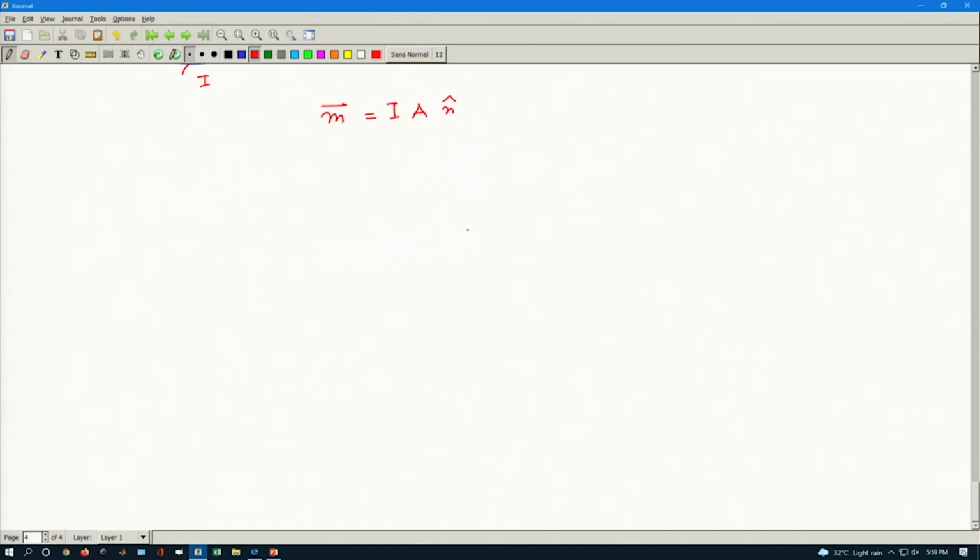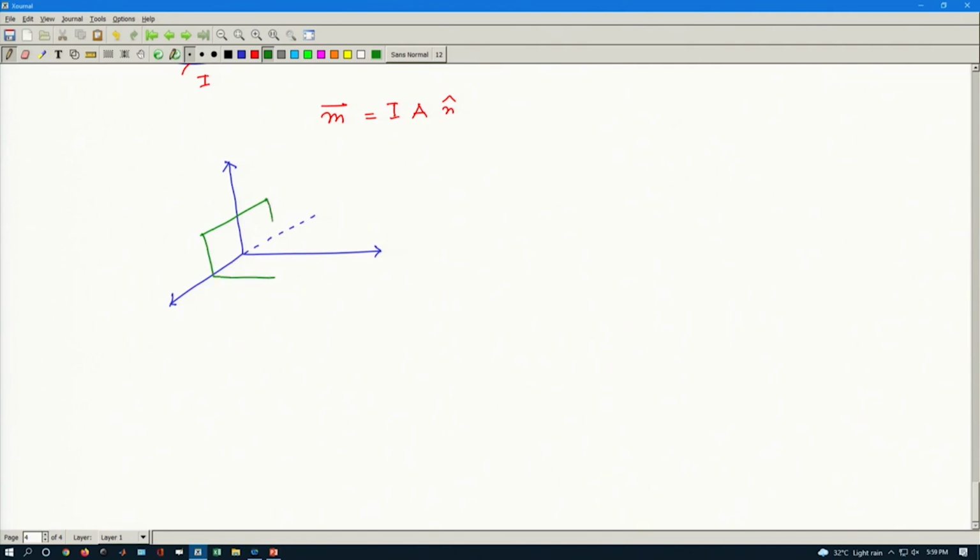Now, what happens if I have a current loop not in a plane, but situated in this way? I have this coordinate system and the current loop is like this. Let us go to the negative side as well. The current loop goes from here to here, then here to here.